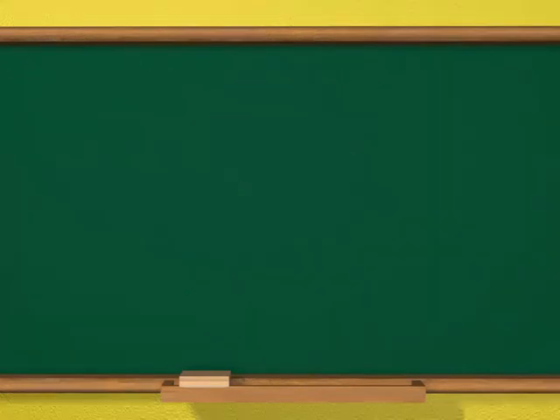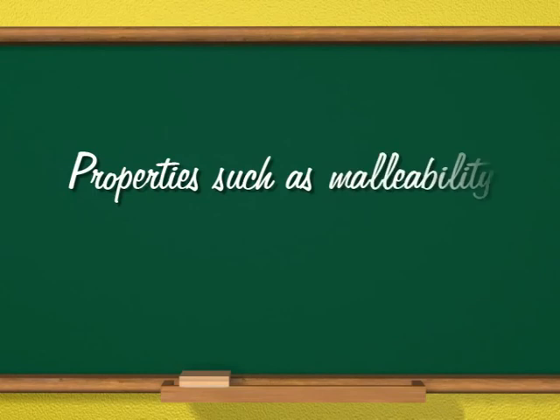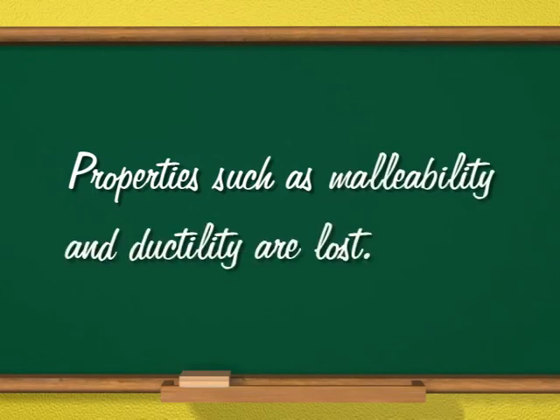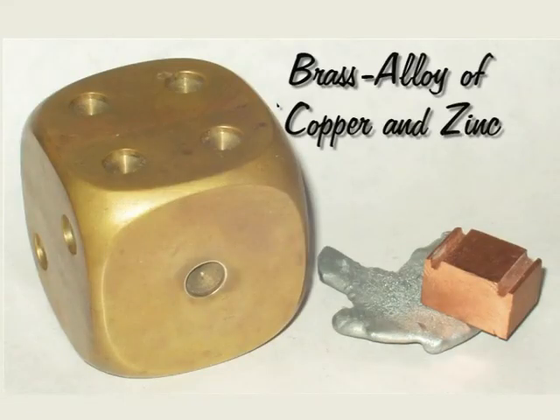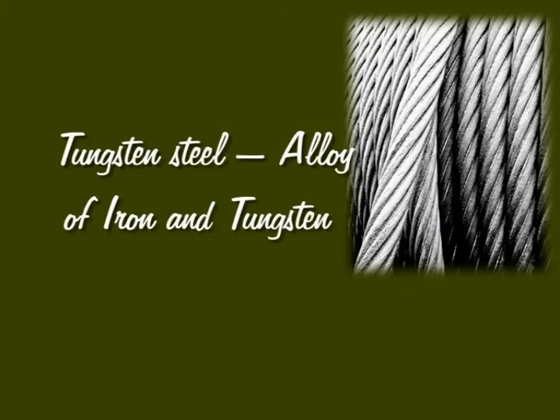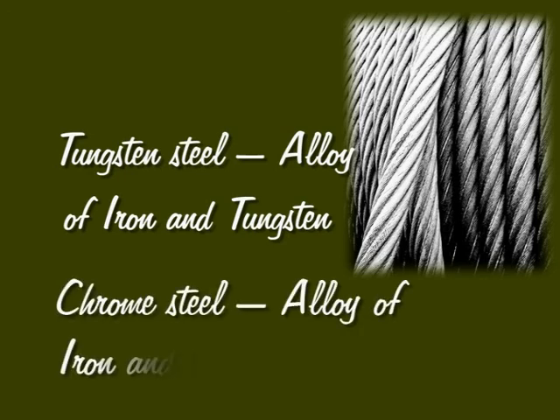In these alloys, properties such as malleability and ductility are lost. Some examples are brass, which is an alloy of copper and zinc; tungsten steel, which is an alloy of iron and tungsten; and chrome steel, which is an alloy of iron and chromium.